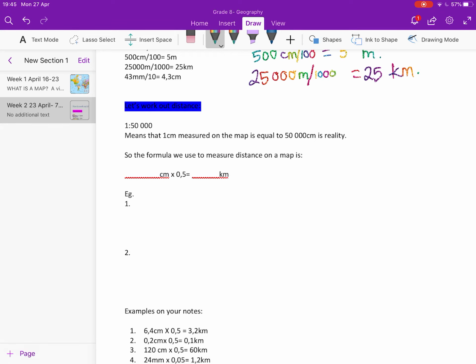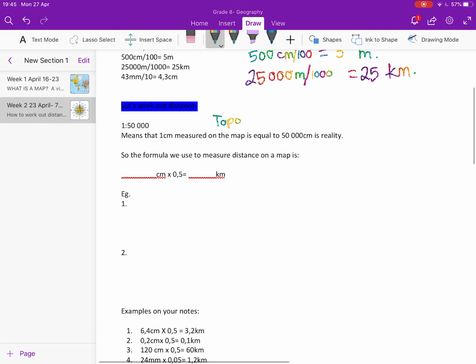Normally a topographical map, which is the map that we work with the most often in geography, a topo map, normally has a scale of 1 to 50,000. If you can recall your work from last week, that means that 1 centimeter measured on the map is equal to 50,000 centimeters in reality.